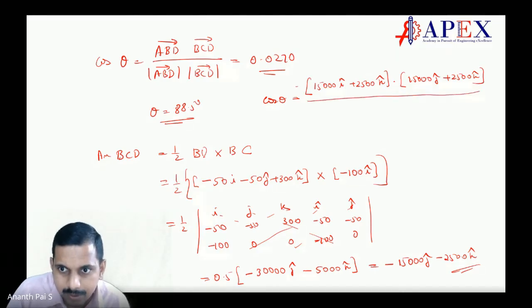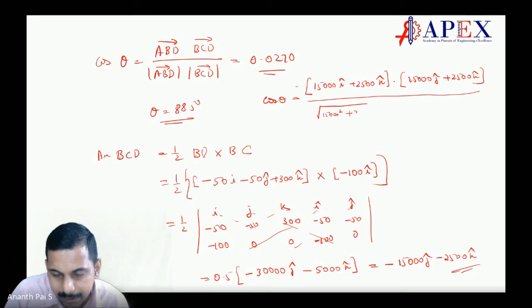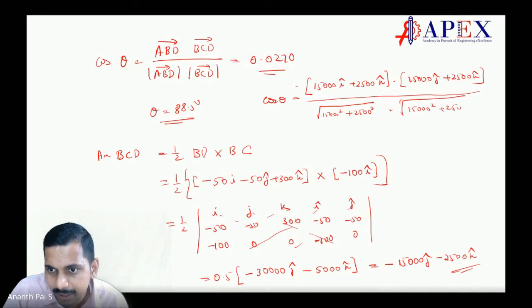Correct. That divided by the square root of 15,000 square plus 2,500 square, dotted with again the same thing, 15,000 square plus 2,500 square. Let us take the dot product.